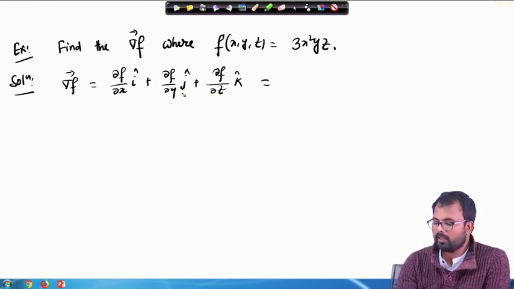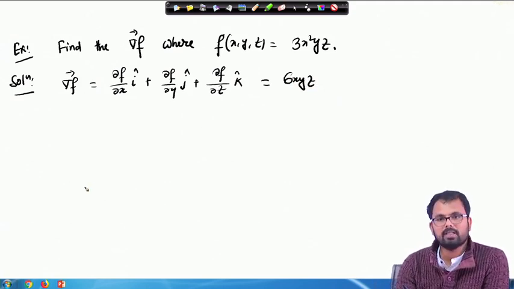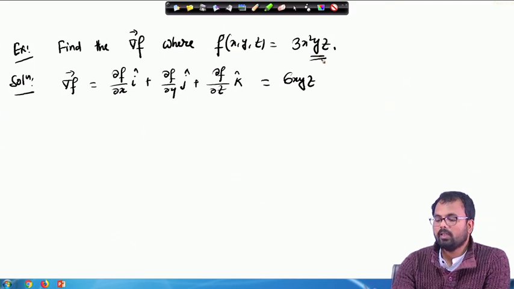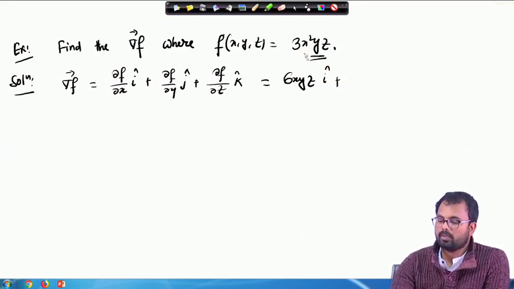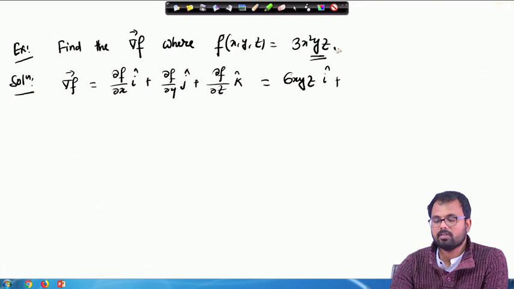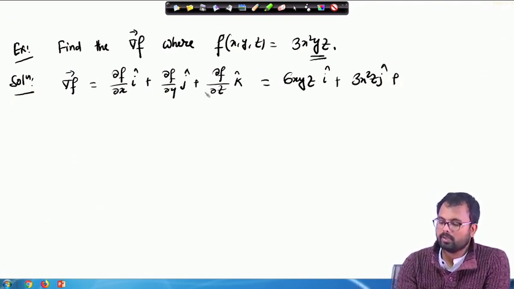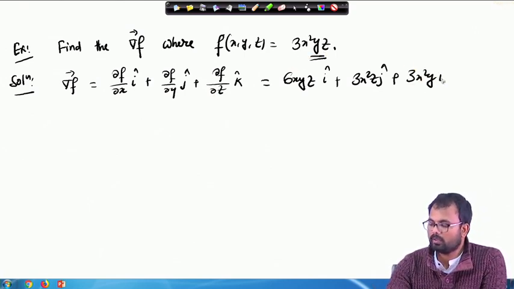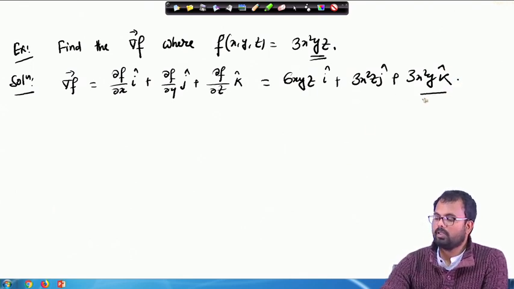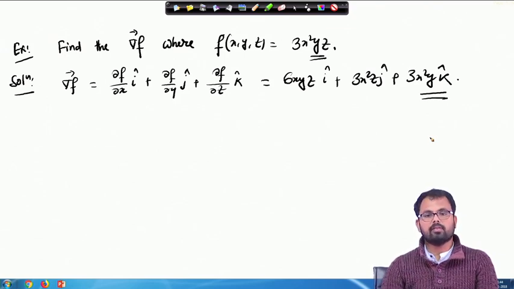Now del f del x for this function is 6xyz, because we are differentiating partially with respect to x only, so y and z are treated as constants, times i, plus when differentiating with respect to y, x and z are treated as constants, so this is 3x squared z times j, and when differentiating with respect to z, x and y are treated as constants, so it is 3x squared k. So, this is the required gradient of the function f, and that is how we calculate.